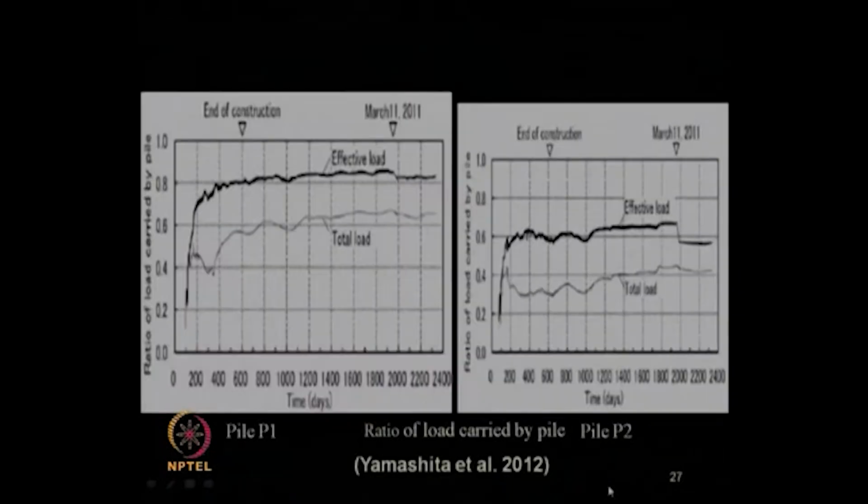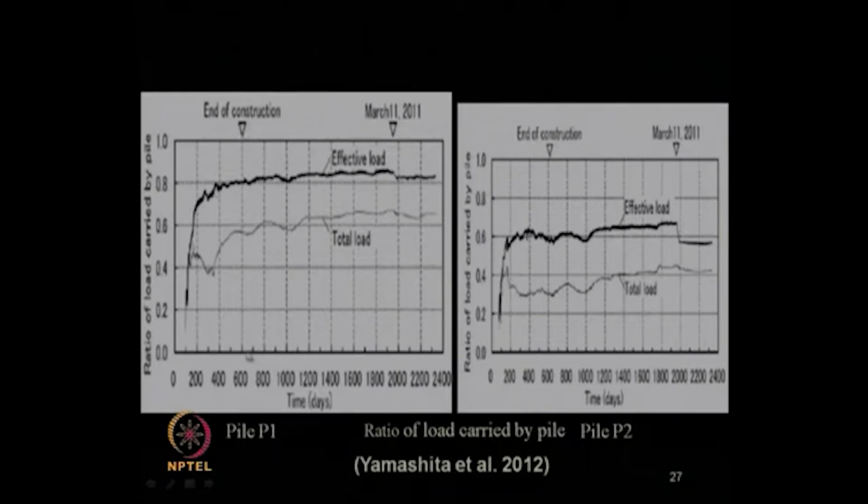The data are available in the paper by Yamashita et al. 2012, IS Kanazawa conference paper. So, these are the responses, as I was mentioning, for pile 1, P1, this is the total load response and this is the effective load response.